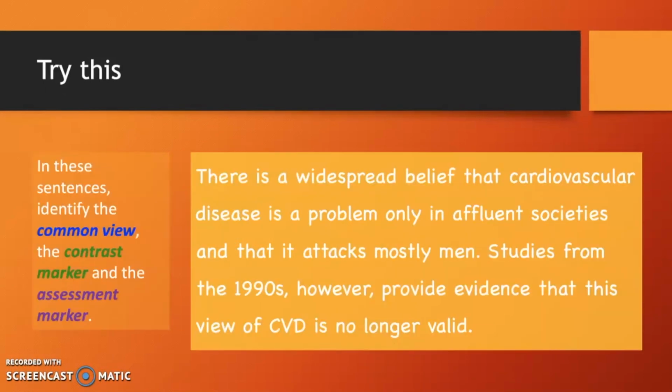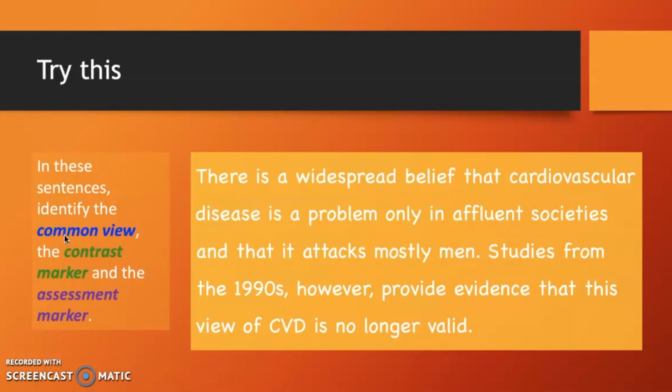Okay, let's look at this example. "There is a widespread belief that cardiovascular disease is a problem only in affluent societies and that it attacks mostly men. Studies from the 1990s, however, provide evidence that this view of CVD is no longer valid."